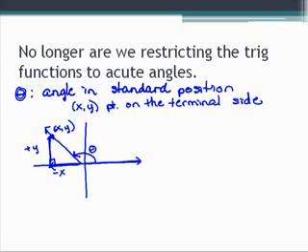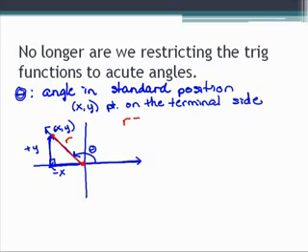All right, in order to figure all the trig functions then, I also have to take into account the length of the radius. So this, let me draw it in another color. This distance right here, we'll let be r. So if I know the x and the y value then, which are the legs of a right triangle, I simply do the Pythagorean theorem to find the length of r.